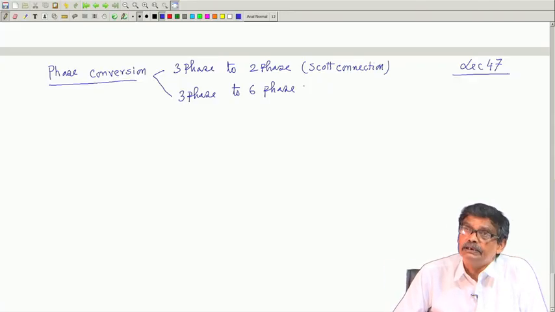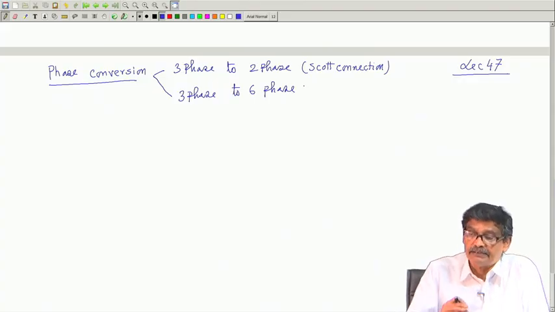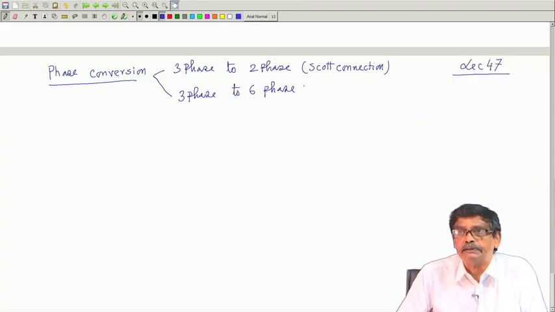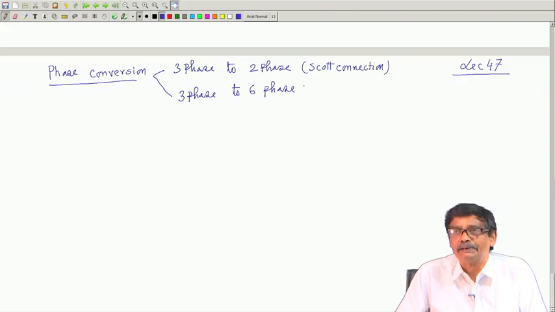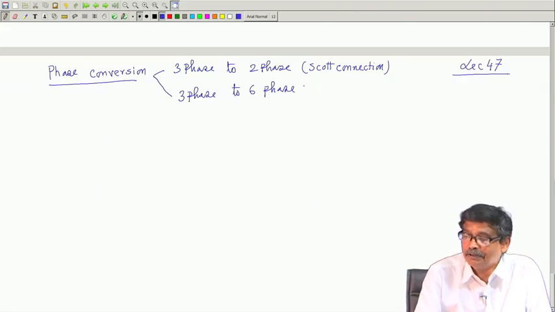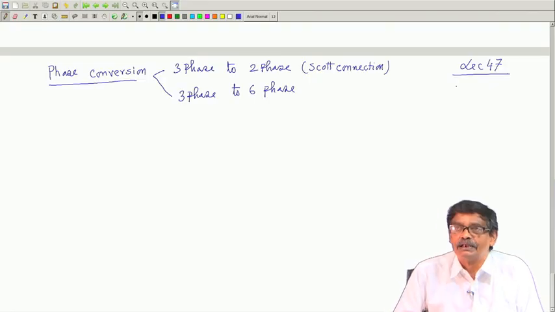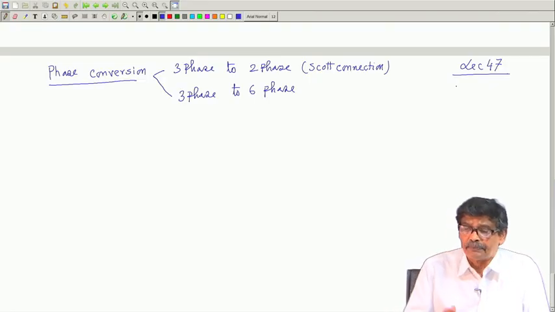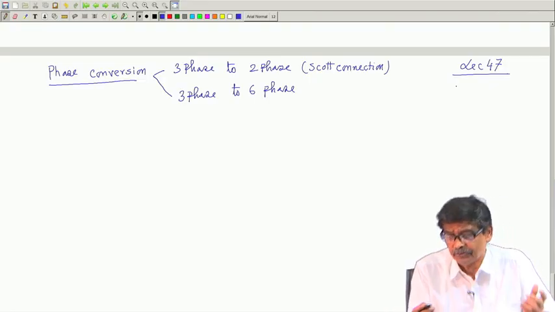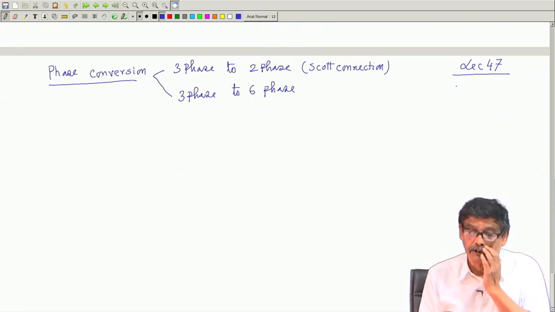But if you increase the number of phases in AC to DC conversion using diodes, 6 phase will always be better. You will get better DC, since the ripples occur every 60 degrees rather than every 120 degrees. Anyway, I will just tell you how to do 3 phase to 6 phase.